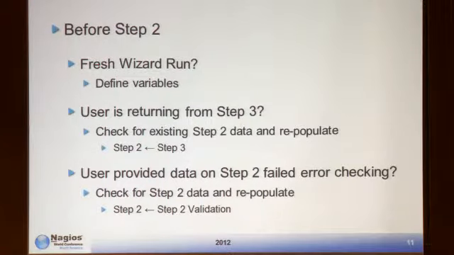Or did the user provided data on step 2 fail the required error checking processes? If so, it will take you back to step 2, so you want to repopulate that information. For example, someone might have used invalid characters or left a field blank, but some options were selected. So those options they selected are still selected and the field is still blank.